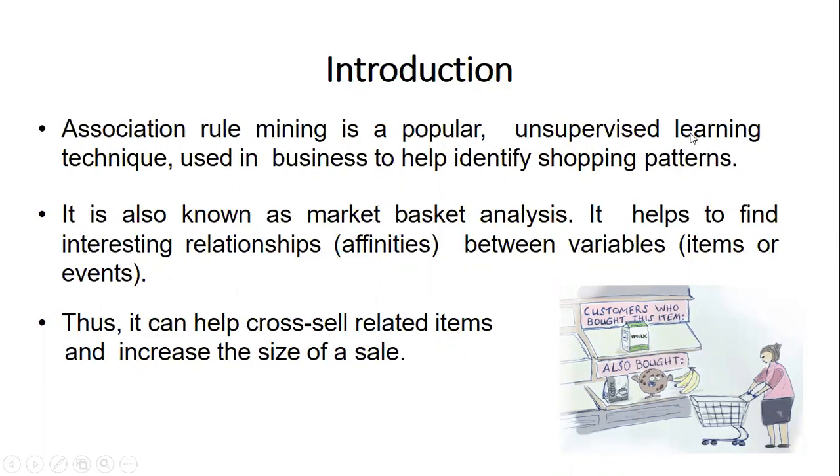Most machine learning algorithms work with numeric datasets and hence tend to be mathematical. However, association rule mining is suitable for non-numeric categorical data and requires just a little bit more than simple counting.